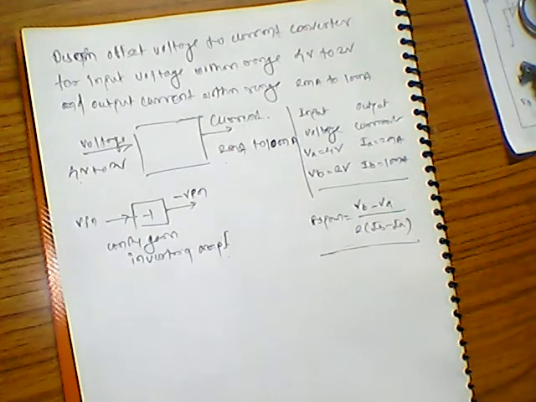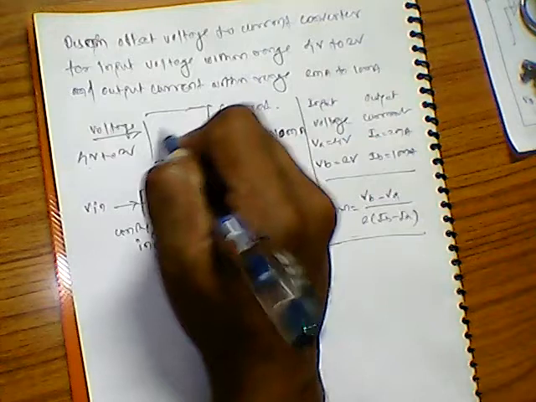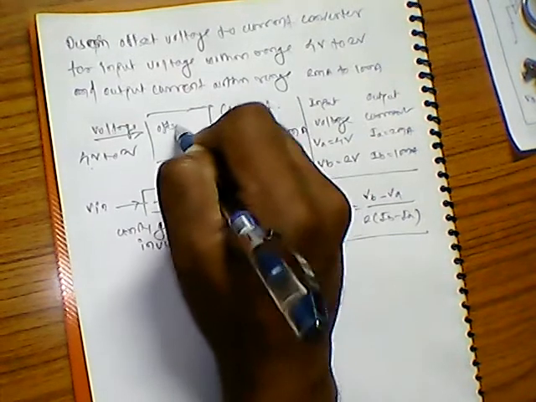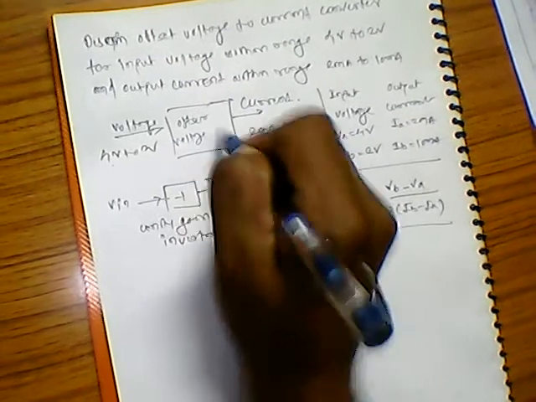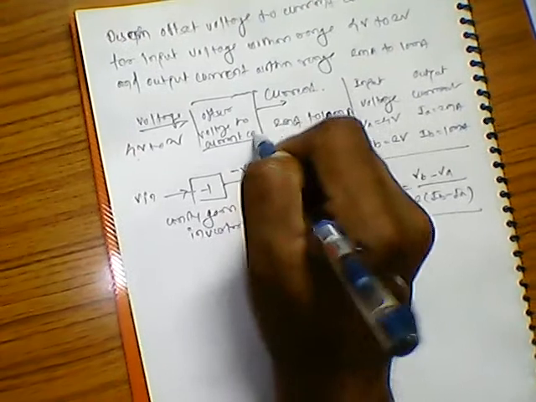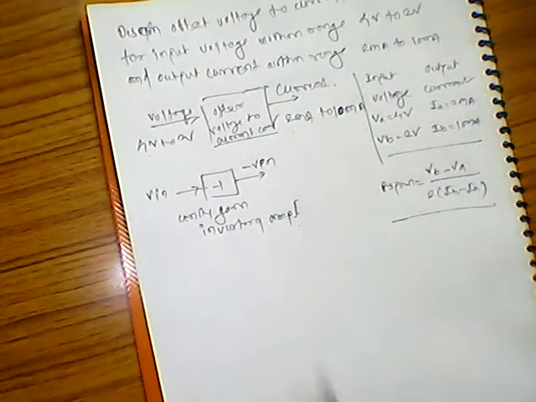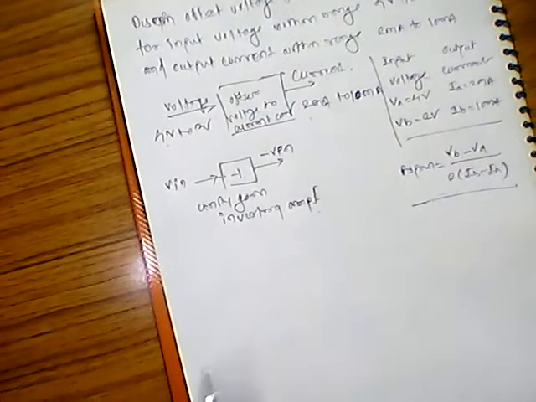And here we have to use the offset voltage to current converter. So we have to go for one unity gain amplifier.